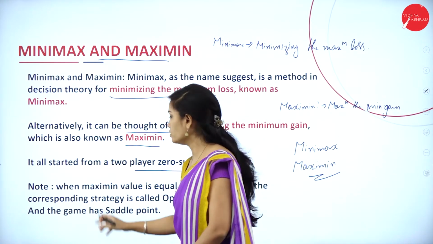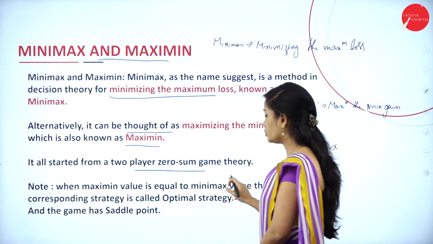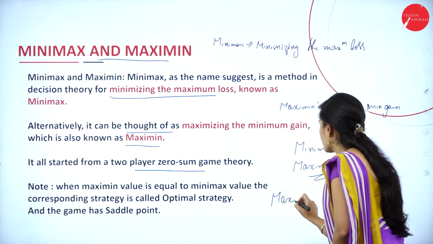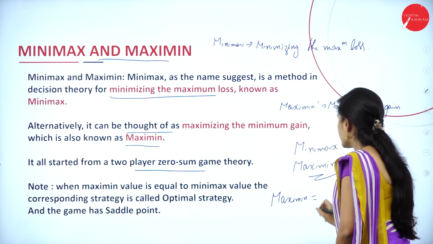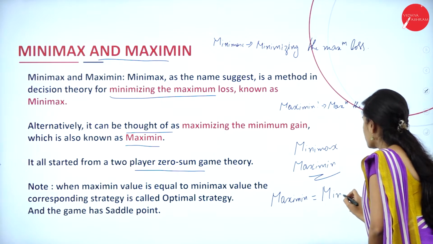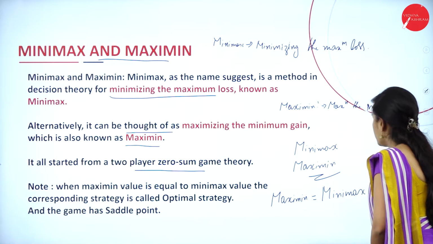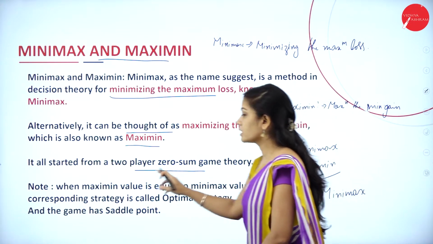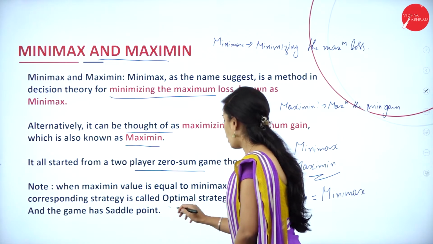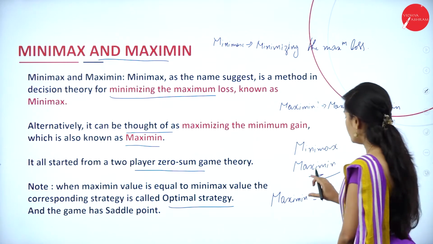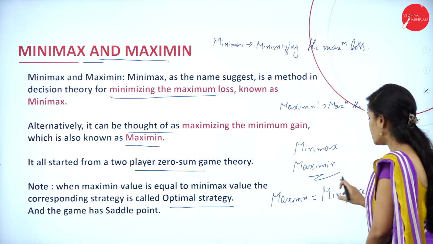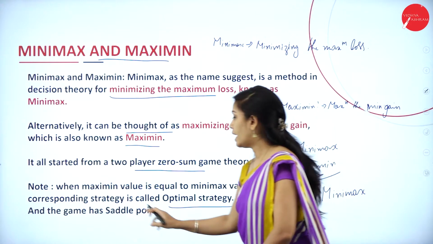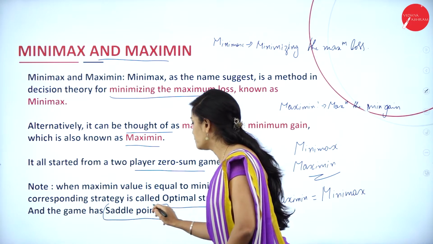And you have one note: when the maximin value is equal to the minimax value, the corresponding strategy is called the optimal strategy, and the game has a saddle point.